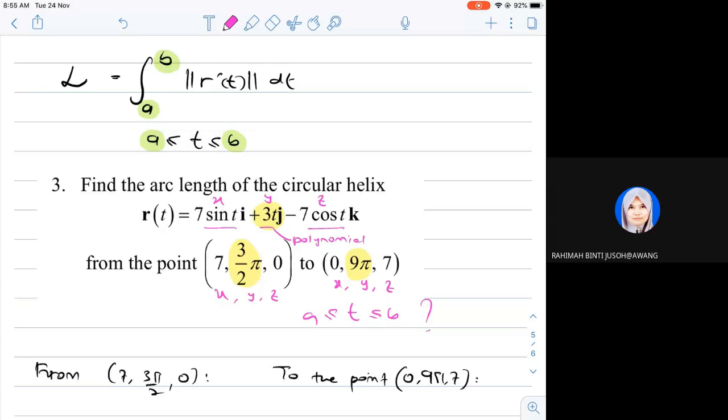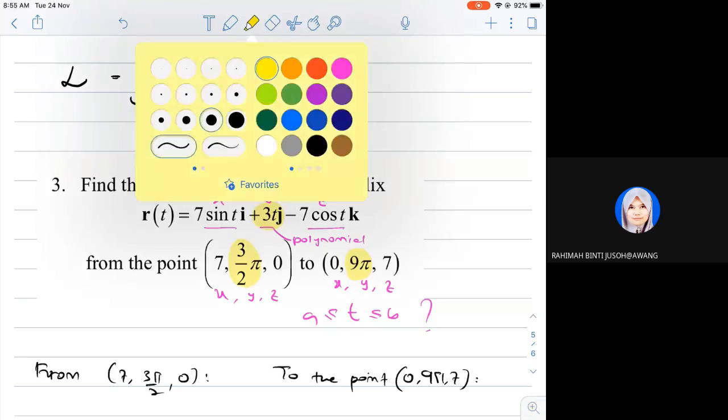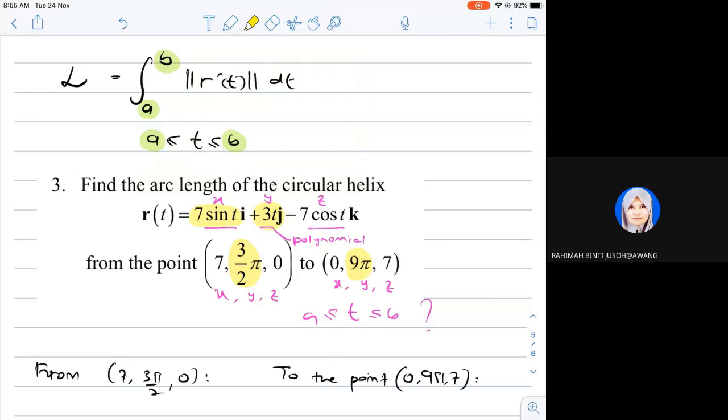Okay guys, I explain here why it's complicated if we consider, let's say, 7 sin t.